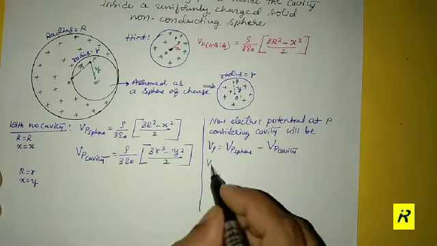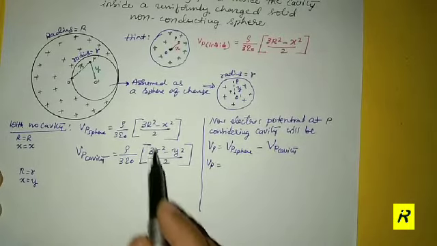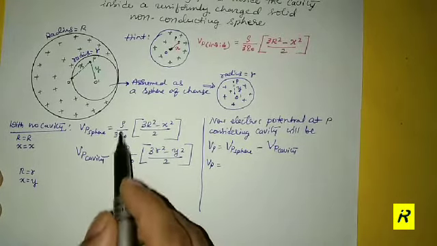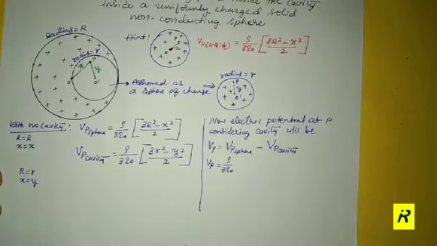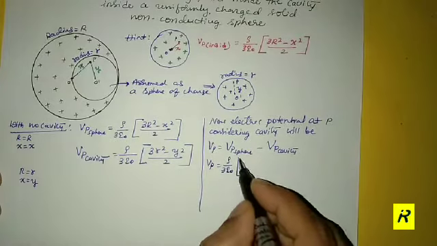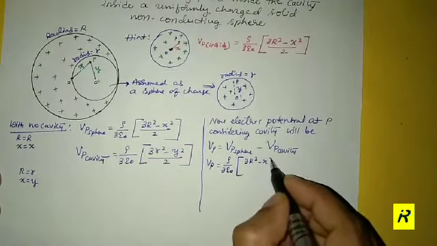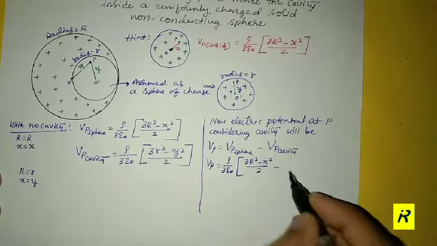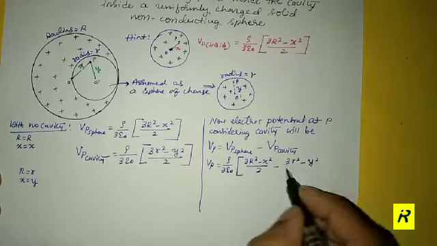When we subtract these two, rho divided by 3 epsilon O will come out as common, and inside the bracket what is left is 3R square minus x square divided by 2 minus 3r square minus y square divided by 2.